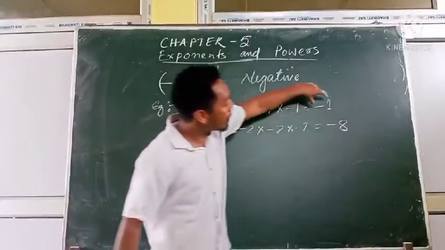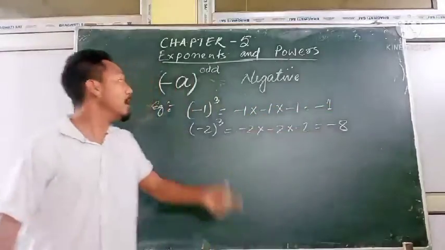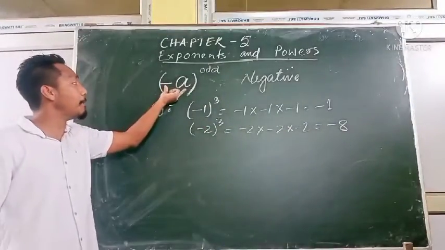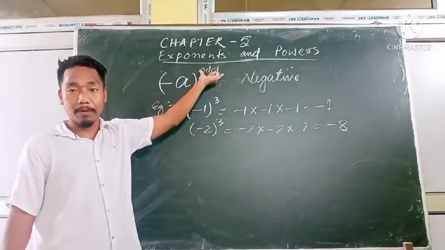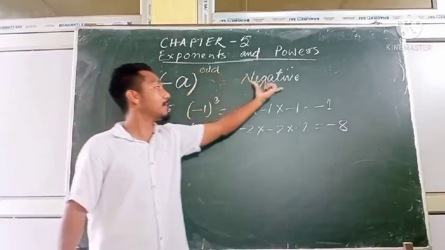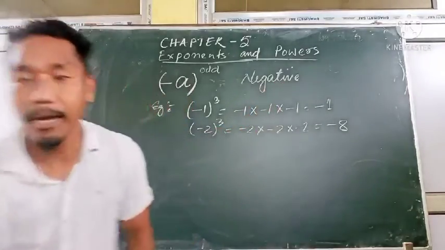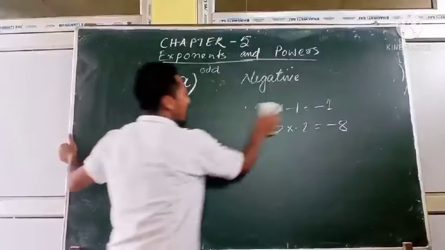Here you see both the answers are in the minus form. That means if you have a negative base and the exponent is an odd number, then your answer will always be negative.